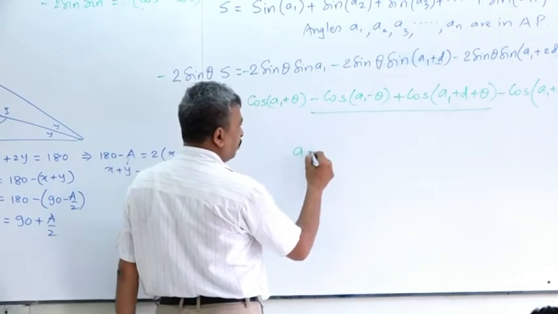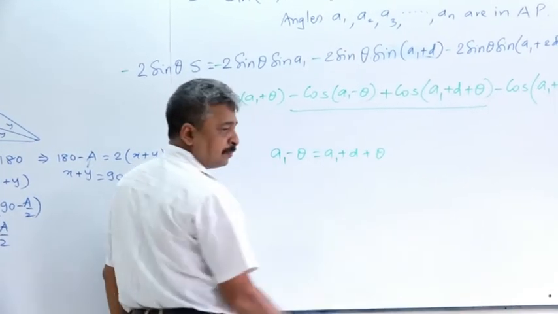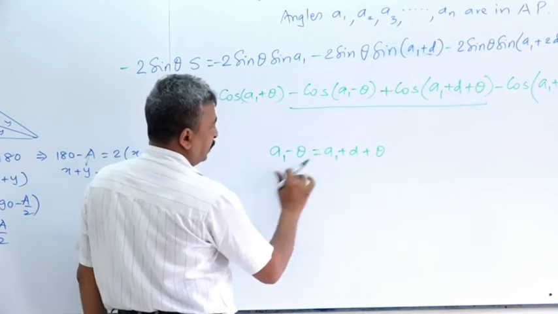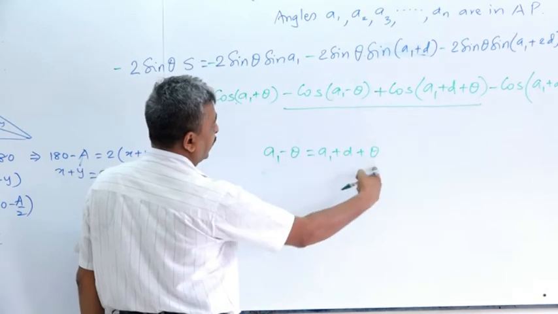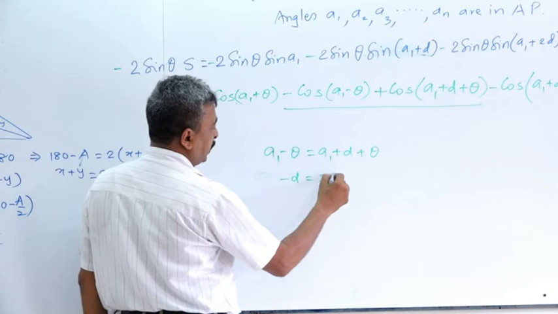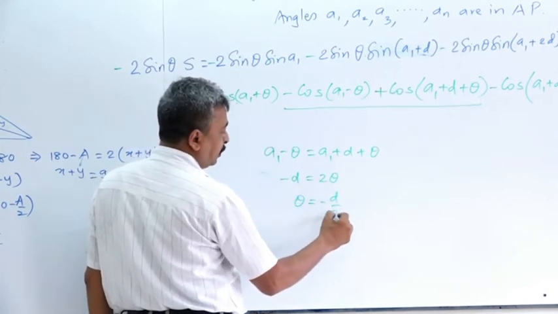Yes, A1 minus theta should be equal to A1 plus D plus theta. Therefore A1 cancels, theta goes to the other side and D comes here: minus D is equal to 2 theta, and therefore theta is equal to minus D by 2.